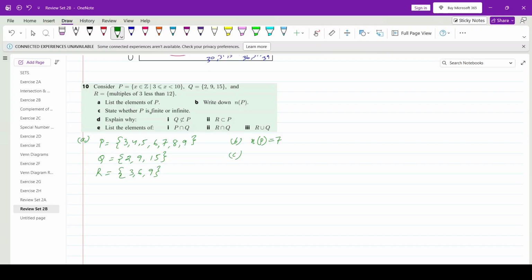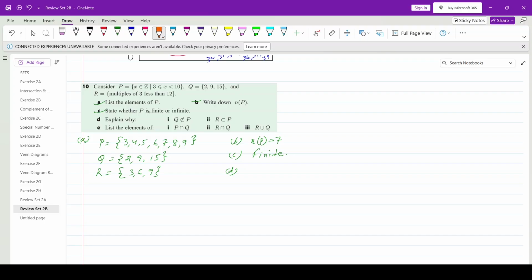State whether P is finite or infinite. So we know there are a finite number of elements in P. So we can say it is finite. Explain why Q is not a subset of P. Now the elements in Q are 2, 9, and 15.